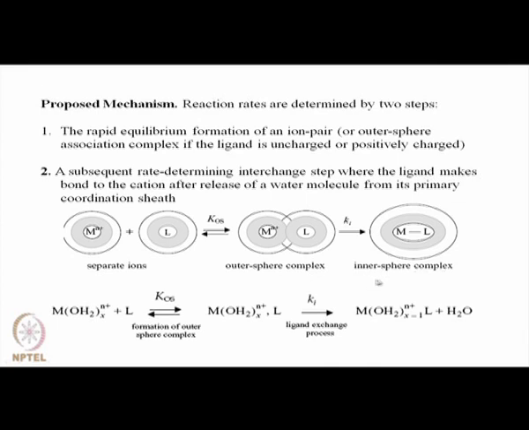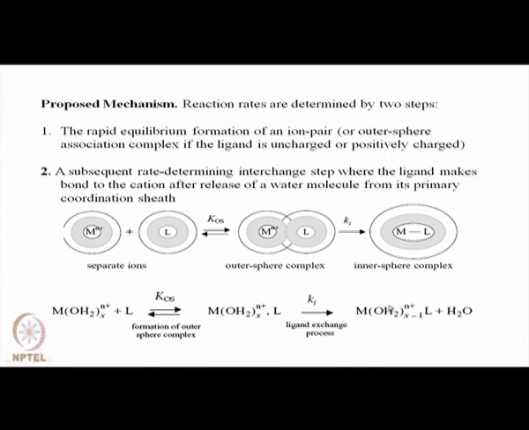This can be written in this form: M(H2O)x n+ plus ligand L forms an outer sphere complex, then the ligand exchange process gives rise to M(H2O)x-1 L plus water. So, water is expelled out.